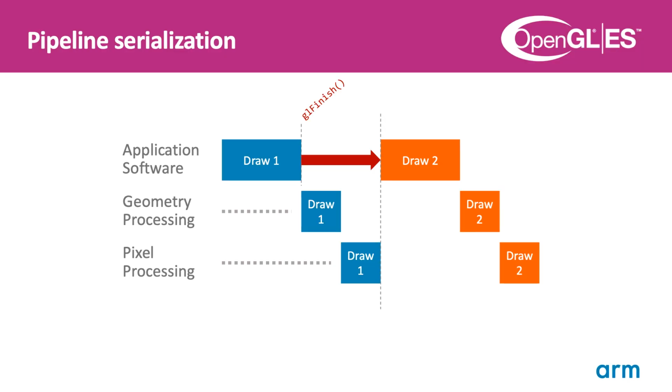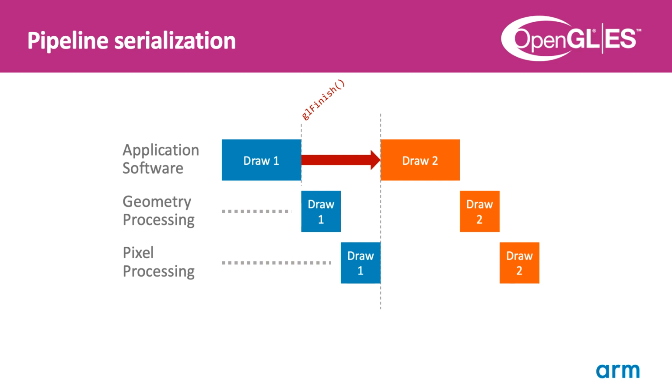If applications are not careful, they can break the pipeline, causing either a complete pipeline drain or the serialization of one or more stages. The loss of parallelization will cause a corresponding drop in rendering efficiency. For OpenGL ES, the API exposes a synchronous behavior model, even though the underlying processing in modern hardware is definitely asynchronous, so the driver has to work hard to maintain the programmer's model illusion of synchronicity.